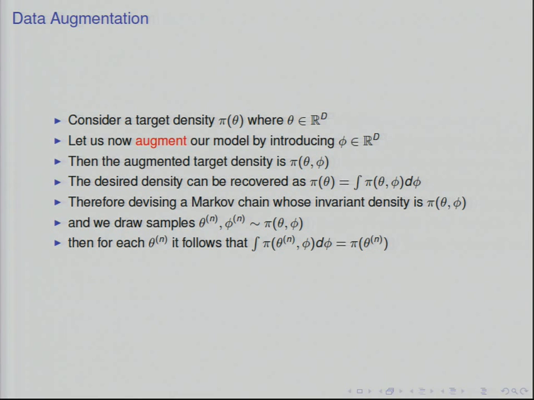Well, it turns out that the distribution for each theta n is just going to be the integral of pi of theta n and all values of phi, and we integrate with respect to that, it just turns out to be pi of theta n. So this is a very nice result.